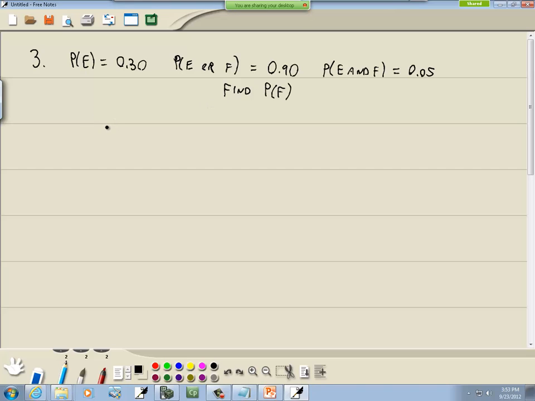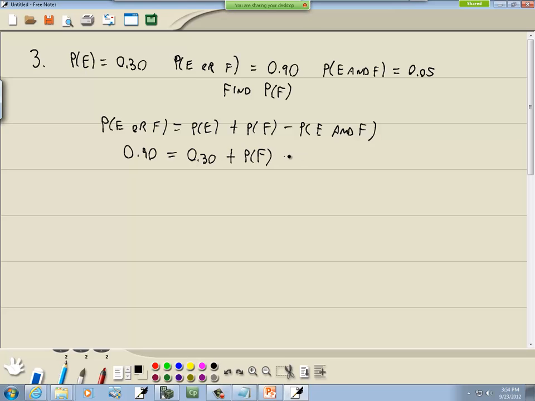Well, here's our general addition formula. Probability of E or F is equal to probability of E plus probability of F minus probability of E and F. So let's plug in what they give us. They tell us probability of E or F is 0.90. Probability of E is 0.30. We don't know probability of F. That's what we're trying to solve for.